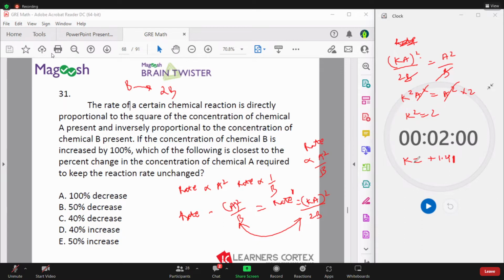The delta K becomes 0.44, which is a 40% increase from the initial value, 0.44 by 1, and 44% is closest to 40% increase. 1.414, sorry, 1.414. Okay, great. Anyone who has not understood this question wants me to explain?